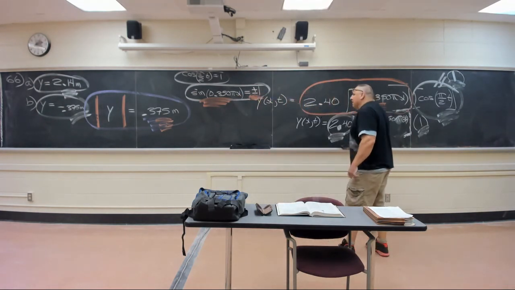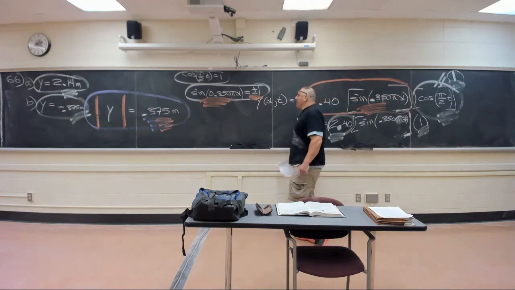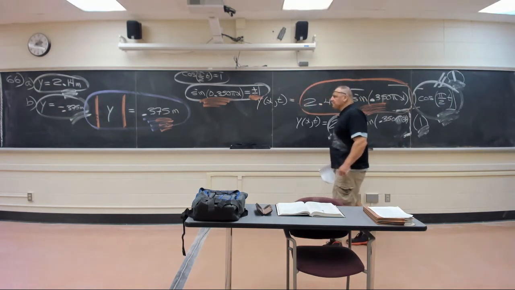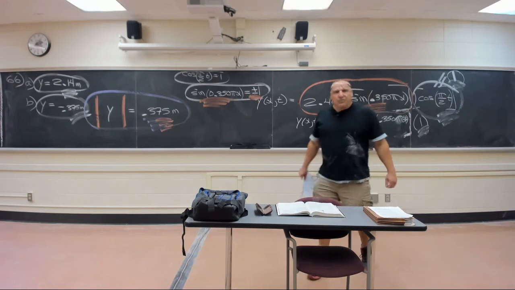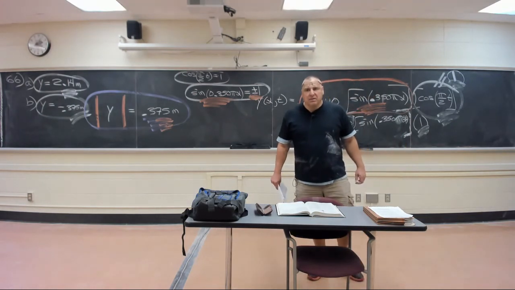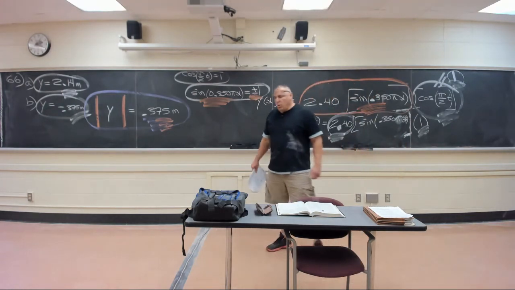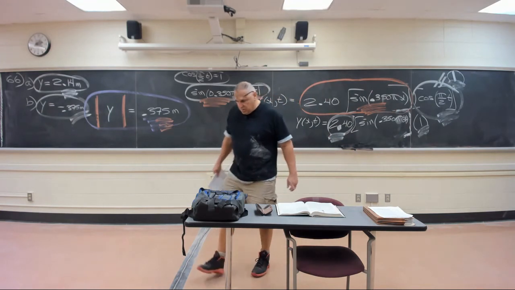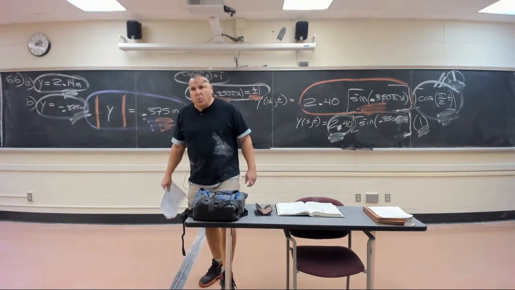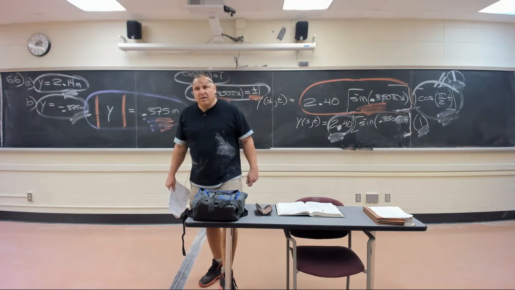Now, what are we talking about? Well, the way that works is pi over 2 will give you a positive 1. If you go another pi units away, 3/2 pi will give you a negative 1.